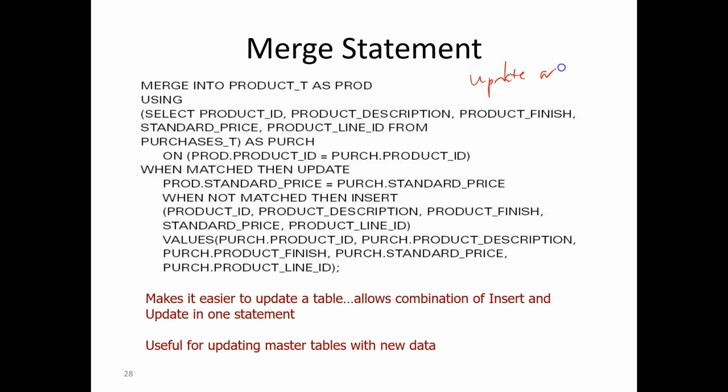Let's say in your company you have a master data file called a product table. When you purchase new products from suppliers, you do not make any update or insertion into the product table directly because this is your master data file. Okay? And you don't want to update this table directly every time you purchase a new product.